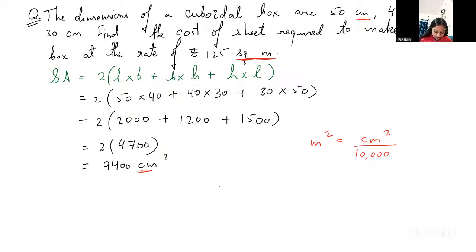So I will do 9,400 divided by 10,000. How much does it become? 9,400 divided by 10,000 becomes 0.94 meters square.